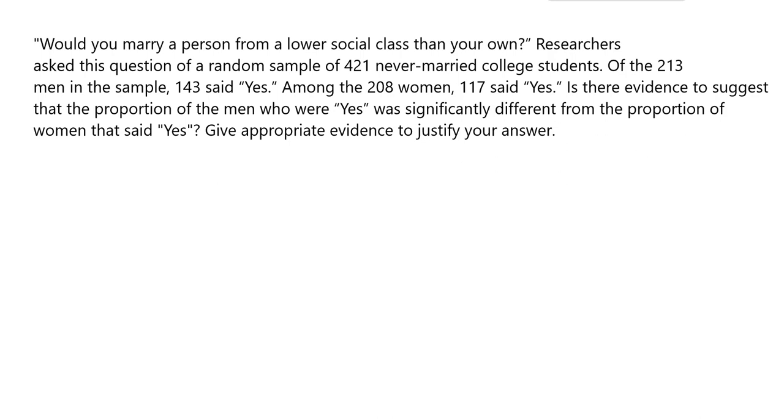There's this group of people that have been asked the question, would you marry a person from a lower social class than your own? Of the 421 never-married college students who were asked, 213 were men and 143 of the men said yes. So what you can do there is calculate your first sample proportion. p hat for the men is 143 out of 213.